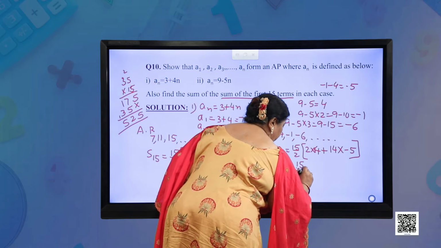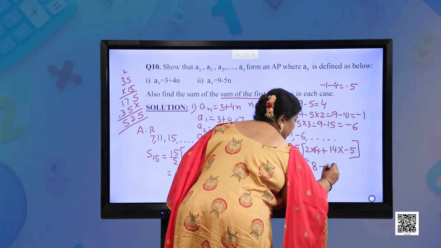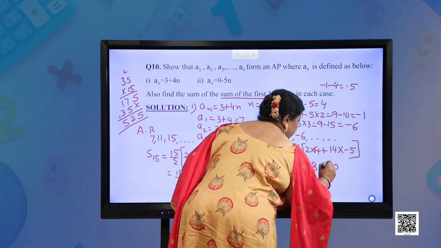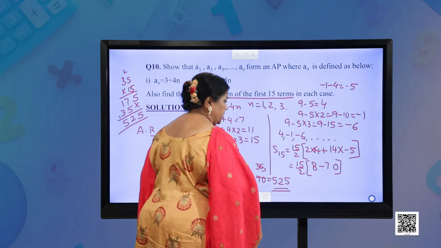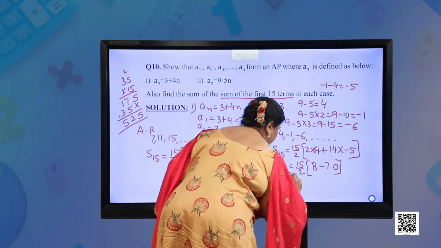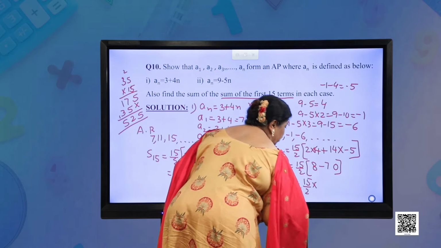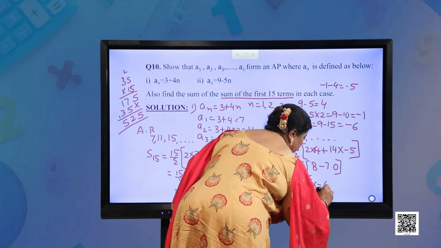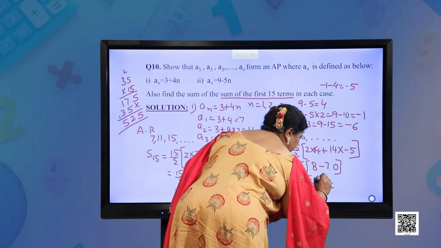15 upon 2 into 2 4s are 8 minus 70. 15, 14 5s are 70. So, 8 minus 70, I get 15 upon 2 into minus 62. That gives me minus 31.